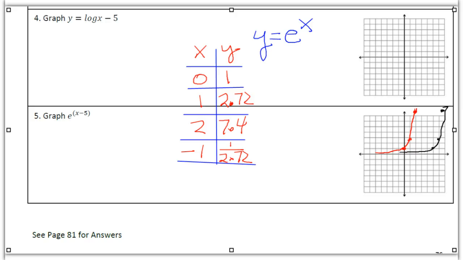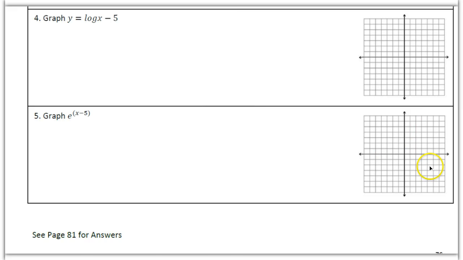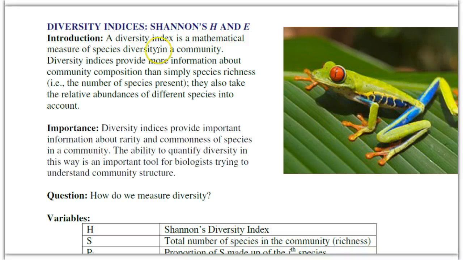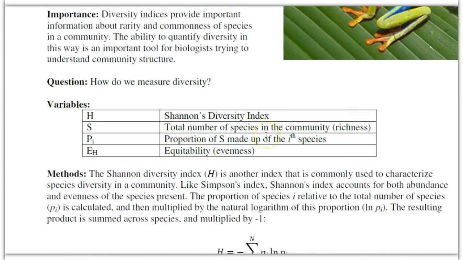Now I see here in our slides we're going on to diversity indices, Shannon's H and E, which is described in our textbook quite a bit. And when I taught biology, this was actually the clip art they used to show in our textbook. So they're showing you various diversities.